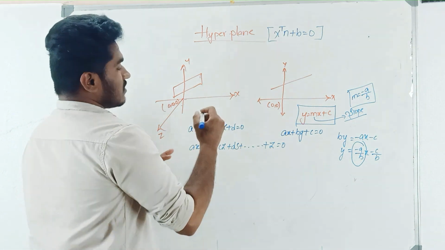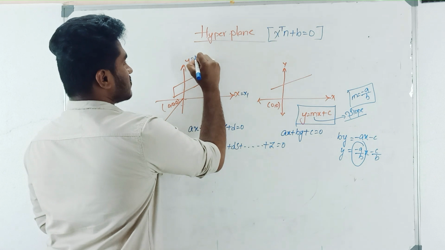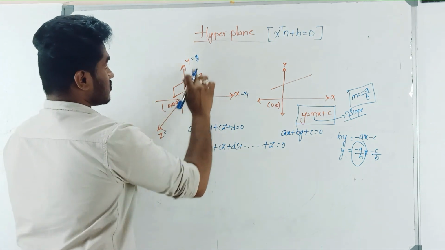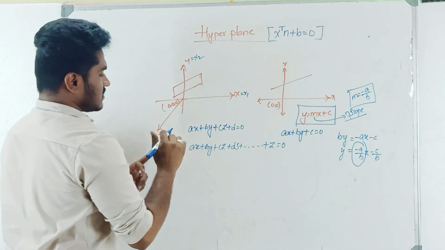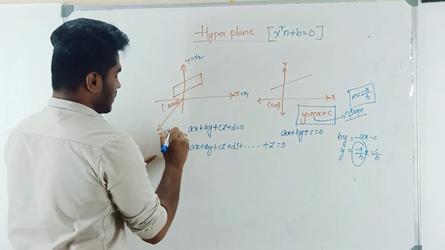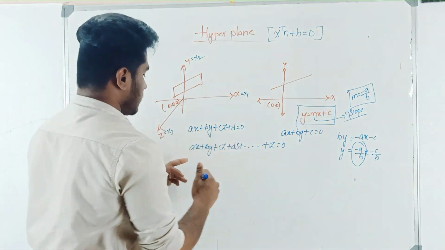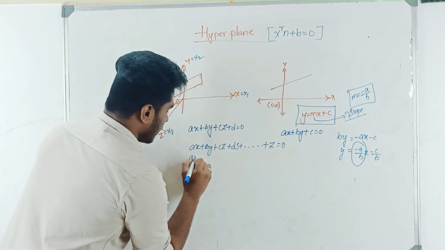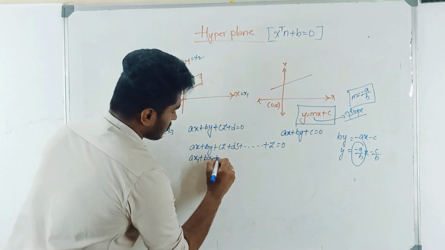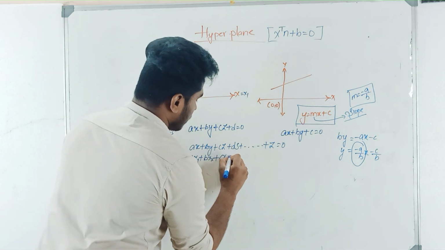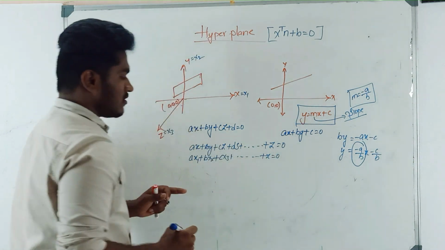So here, assume the x-axis as x1, the y-axis as x2, and the z-axis as x3. We can replace these values in this equation, right? So ax1 plus bx2 plus cx3 plus and so on equals 0.